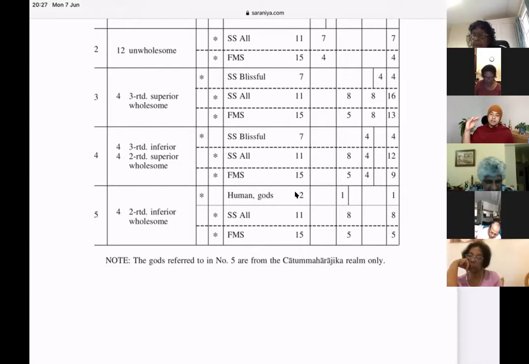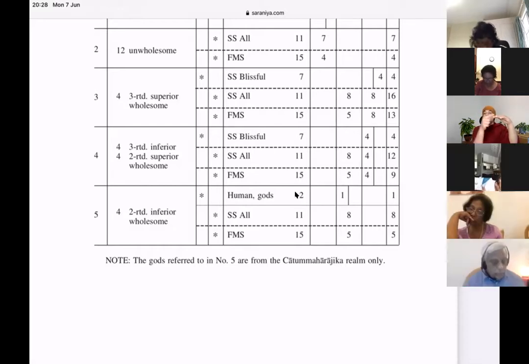Right now, the beings of the Chatumaharajika are based in the middle of Mount Meru. However, the fallen gods are at the base of Mount Meru. They also belong to Chatumaharajika, however, the quality and standard of life is very low and difficult compared to the ones in the middle.